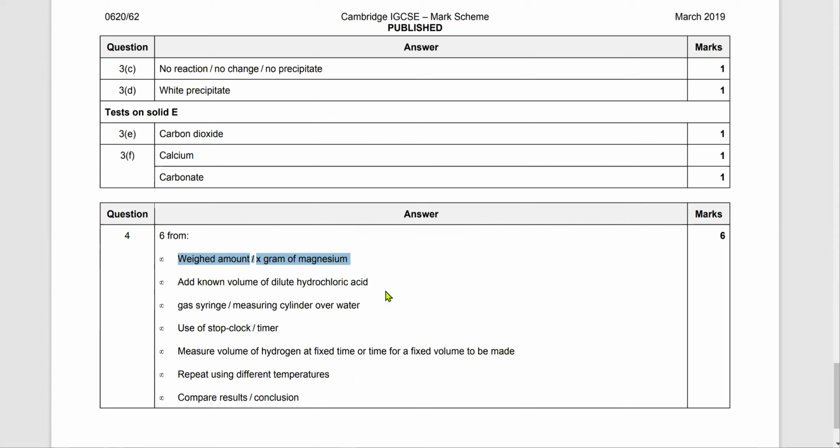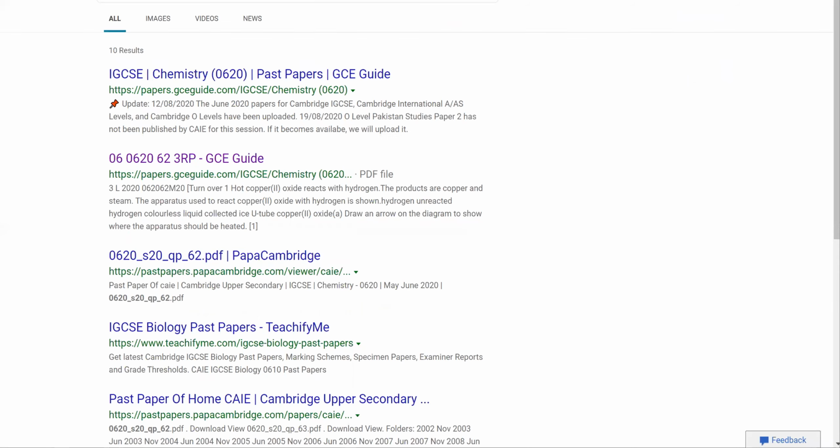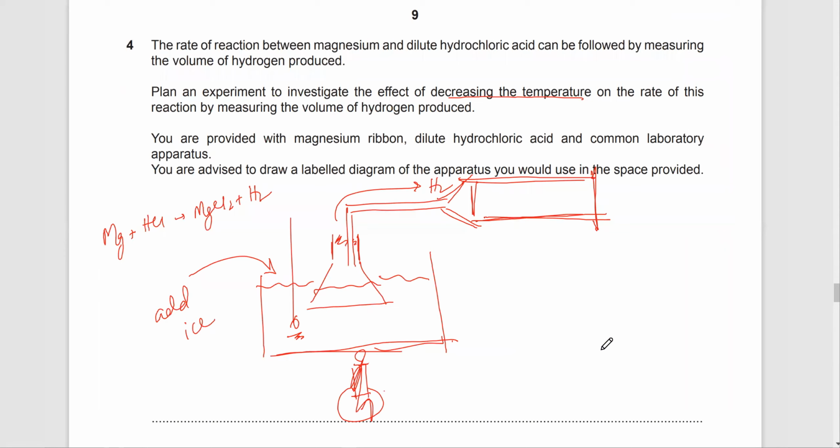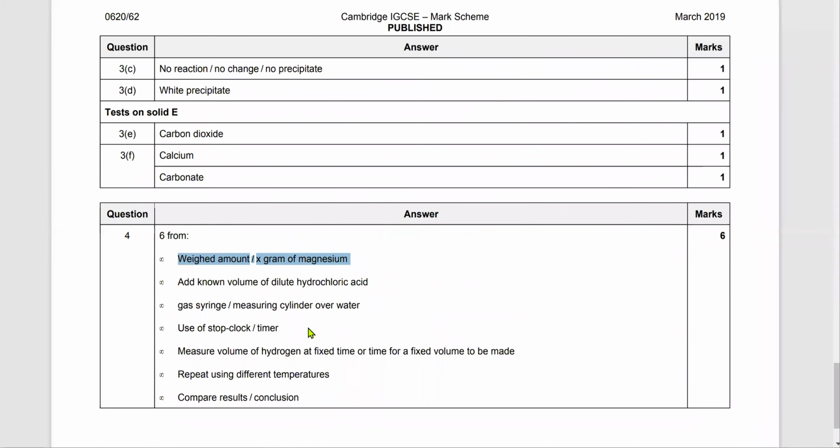Remember, everything has to be kept the same in the experiment. When you're doing a fair comparison, the only thing that you're investigating is what's going to happen if you decrease temperature. So only that should vary. Everything else has to be constant. The same volume and the same concentration of hydrochloric acid has to be used in every reaction. The same amount of magnesium has to be used in every reaction. The volume should also be fixed.